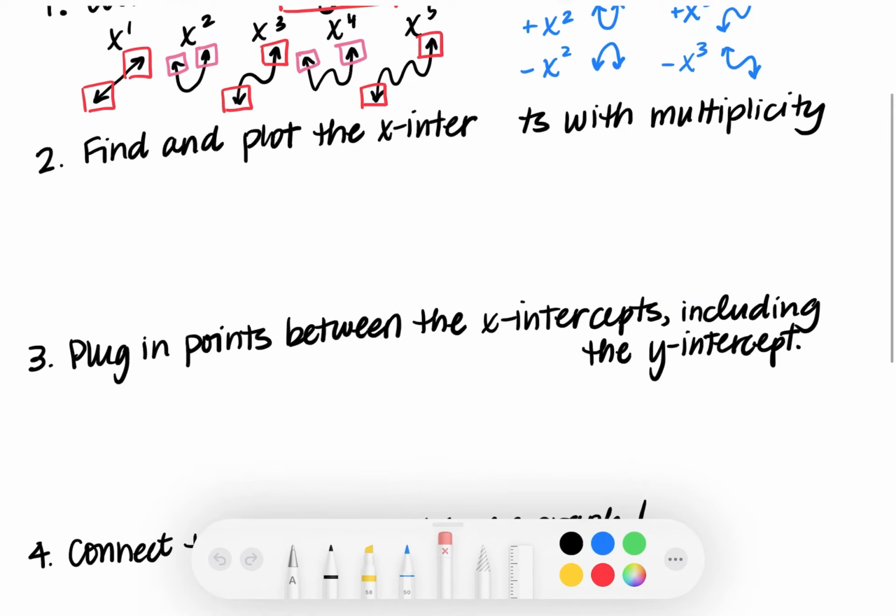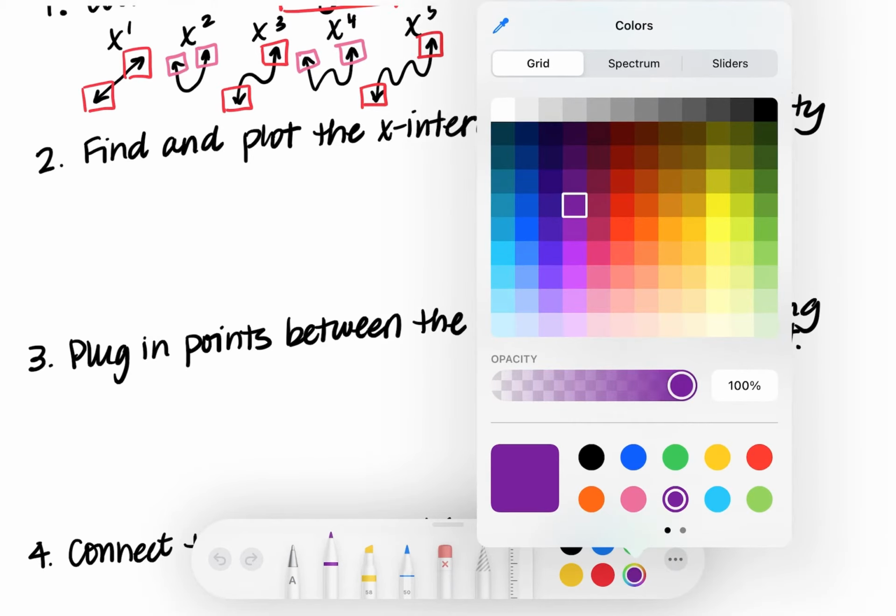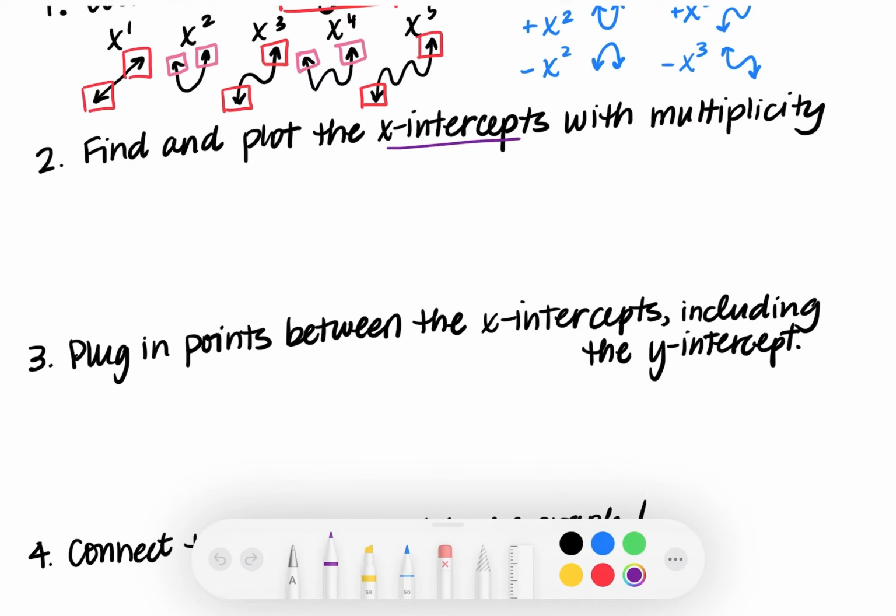X-intercepts, whoops. Let's fill that in. There we go. X-intercepts are anywhere that our function equals 0. So what we're going to do is set the whole function f of x equal to 0.